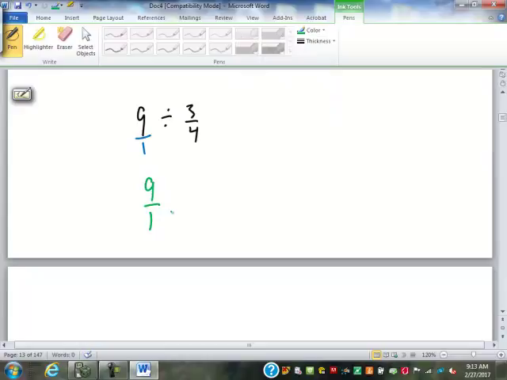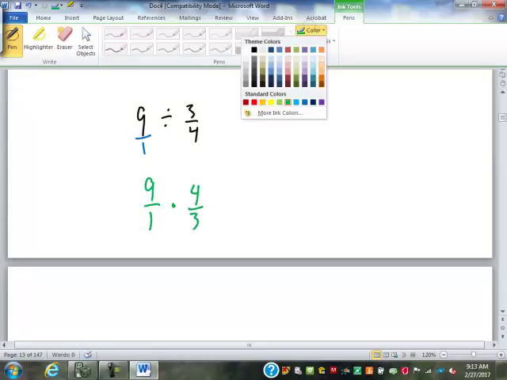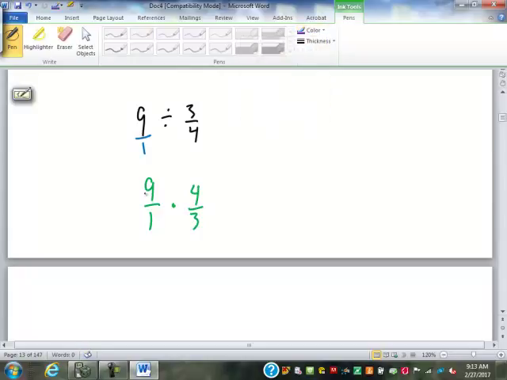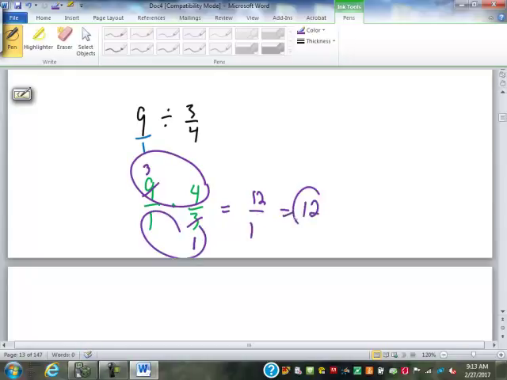Take the reciprocal. So the 9 over 1 stays. It's going to be times 4 over 3. And of course, we can cross cancel the 9 and 3 to give us 1 and 3, both divided by 3. 3 times 4 is 12. 1 times 1 is 1. So that is just 12 for that one.